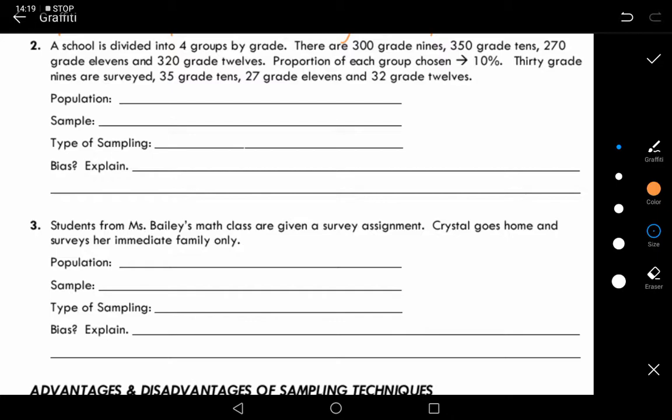That means there's going to be 30 grade 9s, 35 grade 10s, 27 grade 11s, and 32 grade 12s. So the first thing is asking us, what is the population? Again, the population here is obviously high school students, if we just have 9s, 10s, 11s and 12s.